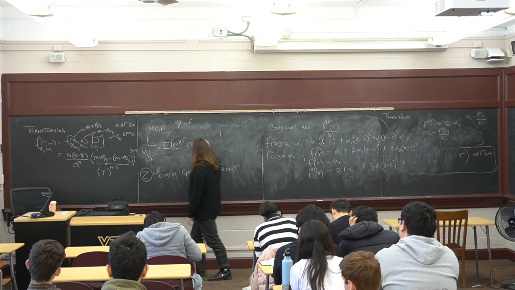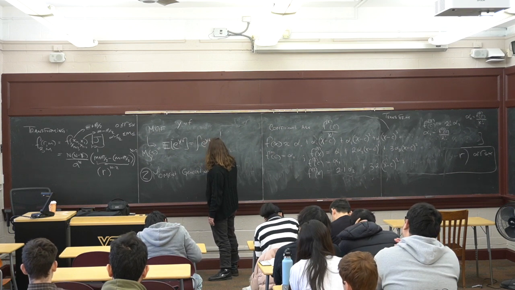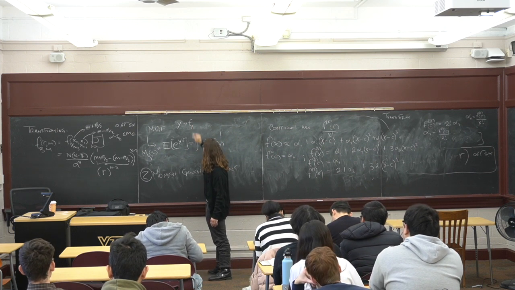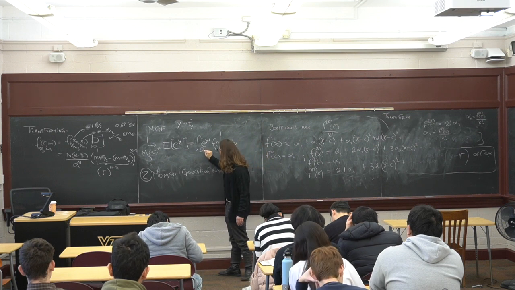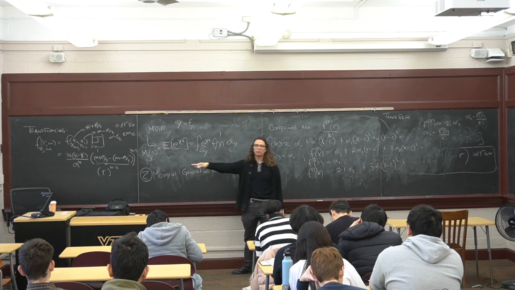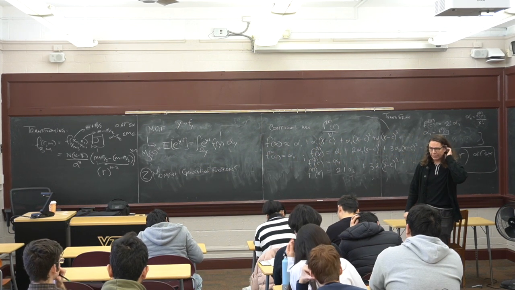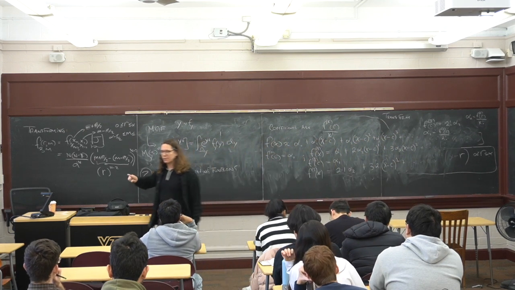What is this specifically? It's the integral of e to the yt, f_Y, probably want to be specific, dy. And we're going to integrate over all of y. So this is not a function of y, but it's a function of t. And what happens with these, if we take derivatives of them, they generate the moments of the distribution.